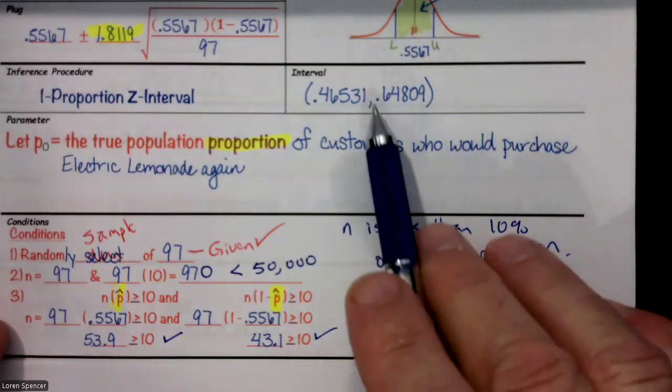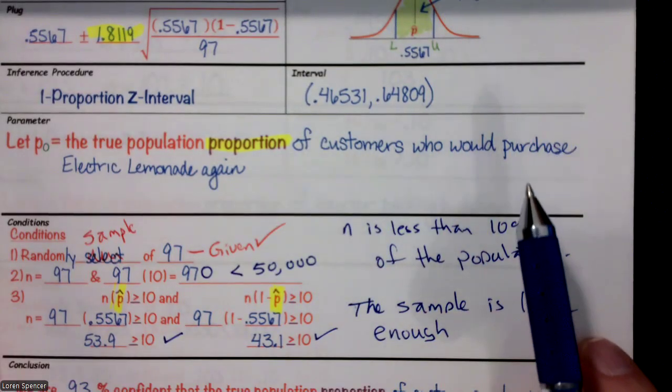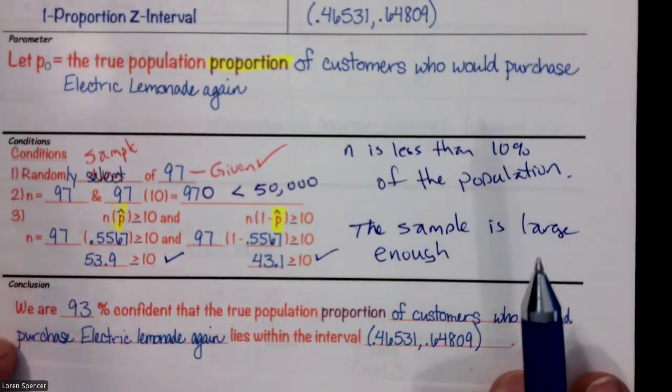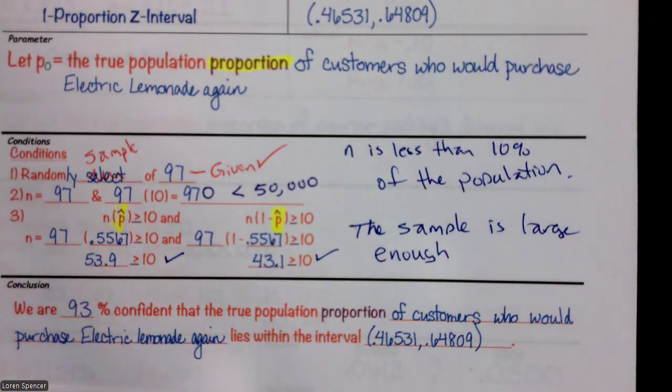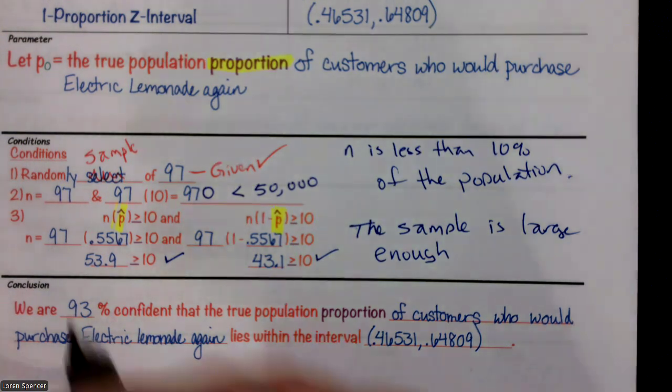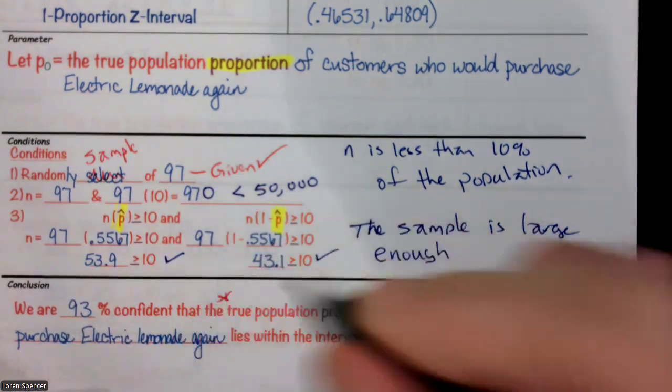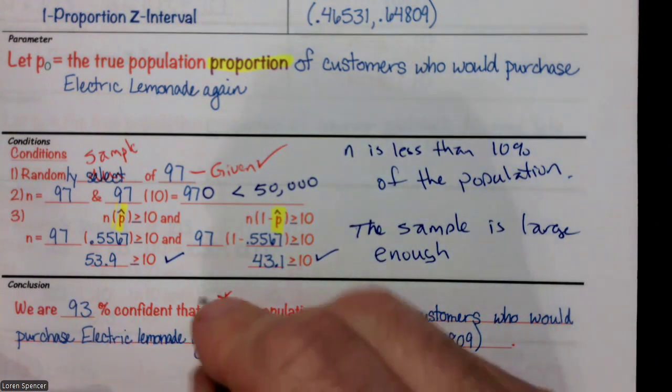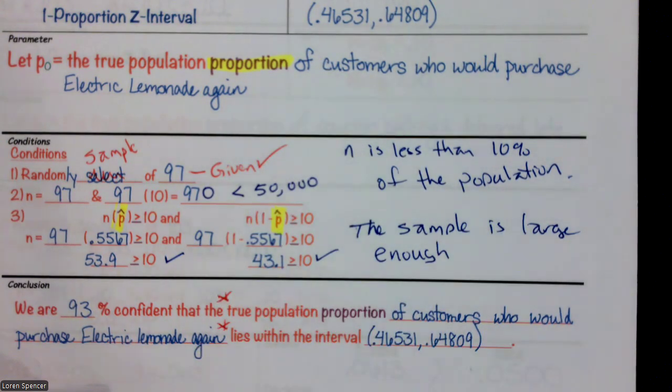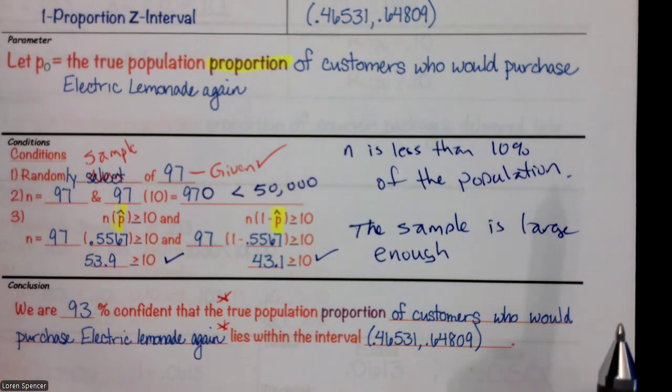We've already calculated our interval, so we're going to write our conclusions. We're 93% confident that the true population proportion of customers who would purchase electric lemonade lies within the interval 0.4653 to 0.6480. The one thing I want to point out again is that the true population proportion of customers who would purchase the electric lemonade again is the restatement of my parameter. Finally, the meaning.